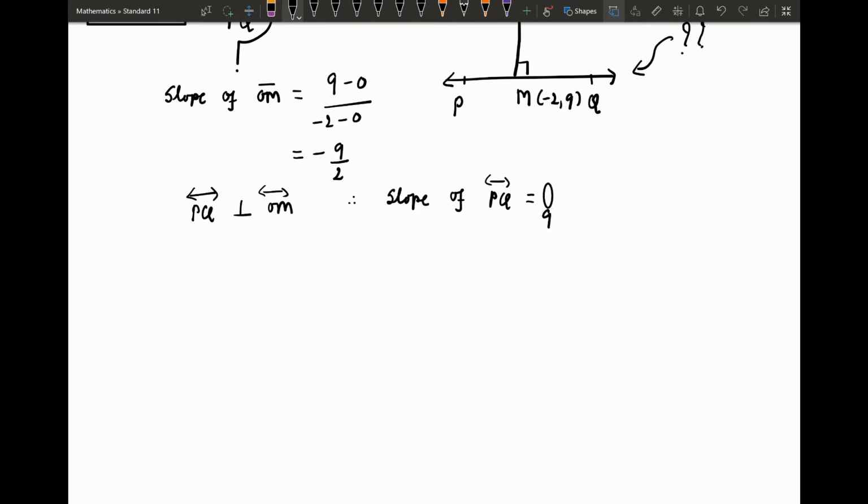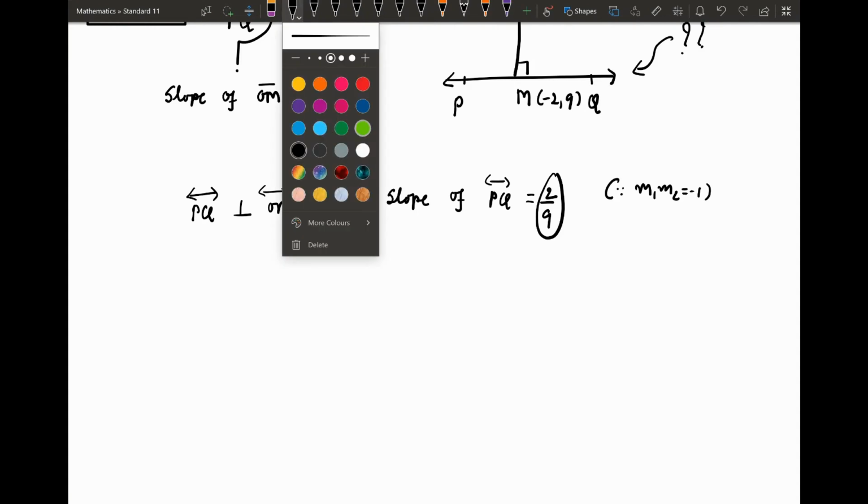Reason: two lines are mutually perpendicular if and only if the product of their slopes is minus 1. You can observe here minus 9 by 2 into 2 by 9, the product is minus 1. So we give the reason m1 into m2 equals minus 1. So this is the slope we have obtained.